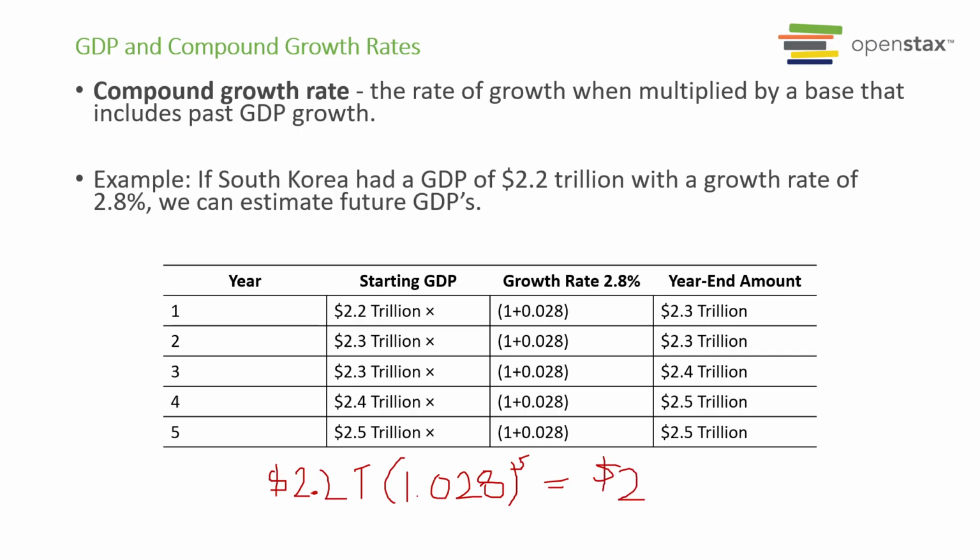That's all that's saying. But this table here broke it down into each individual step. You can see here we're multiplying every year by 1.028. We've done it 5 times. So that's like 1.028 to the 5th power. It's the same thing. But this table just breaks down that growth for you.